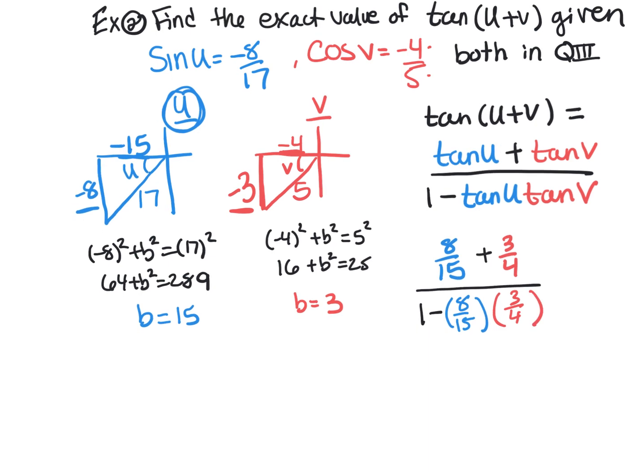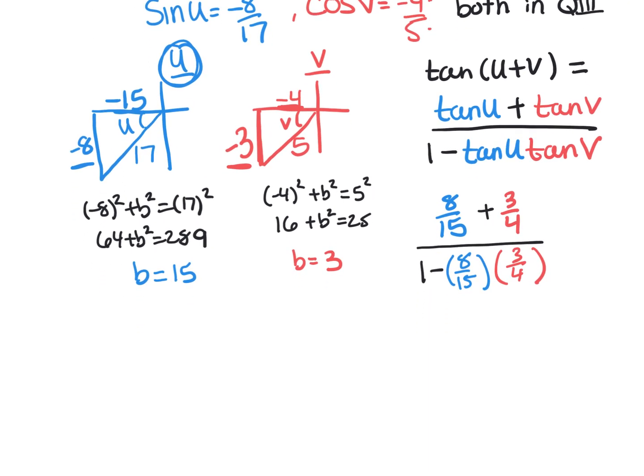So now comes the fun part, just the algebra part, where we need to find common denominators, add these things together. We just need to simplify this lovely double-decker fraction situation we have going on. So focusing just on the numerator, we have 8 over 15 plus 3 over 4. We can find a common denominator of 60.